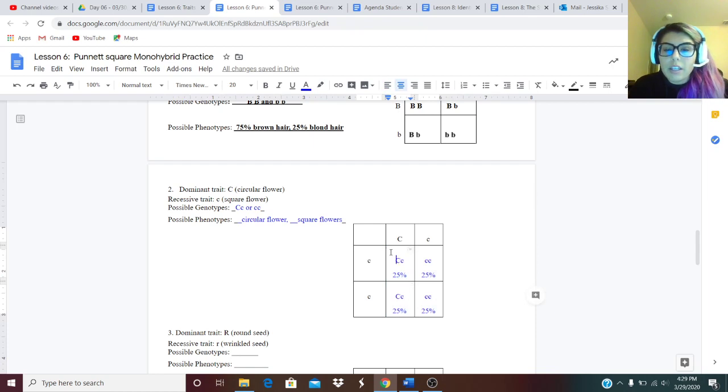So if I combine these two boxes, if I add these two boxes, what do I get? Well, I have 25% plus 25%. And what is that going to give me? Well, that's going to give me 50%. So 50% of the flowers will be circular.